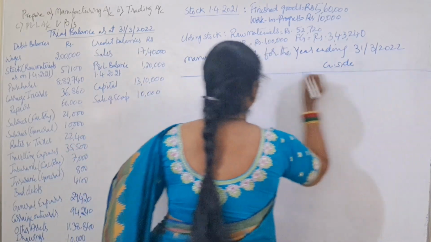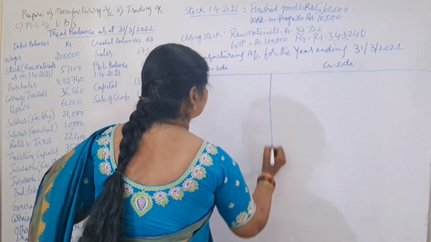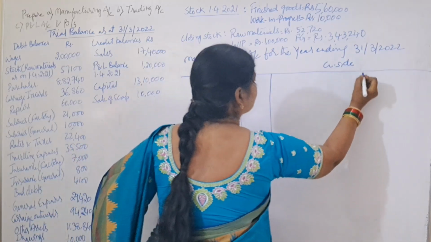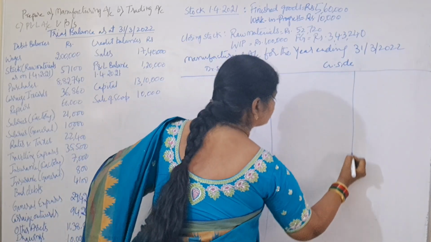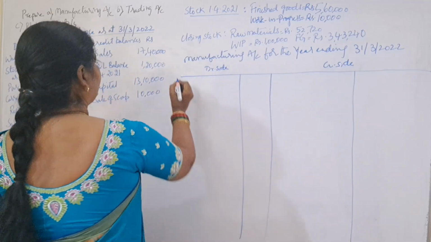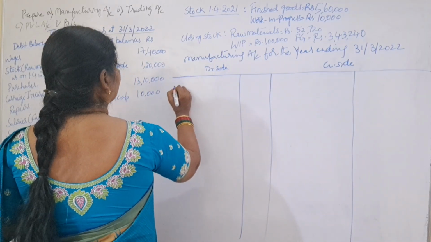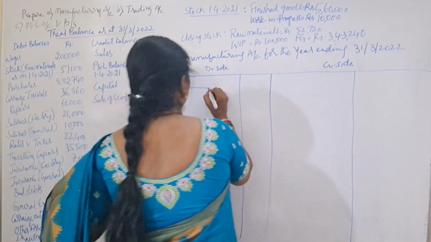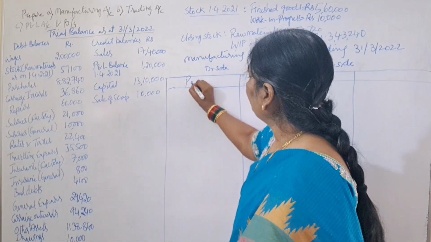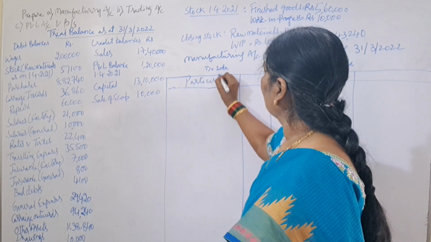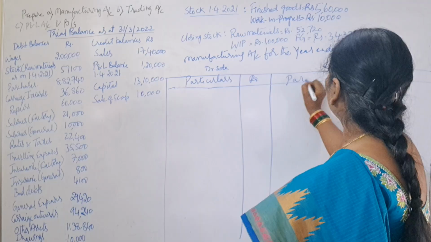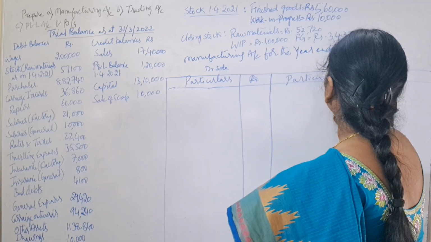We'll draw in T shape. So first we'll start on debit side. On debit side, particulars, amount, particulars, amount on the credit side also.